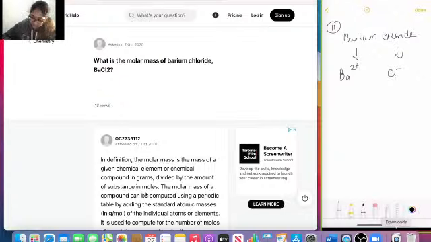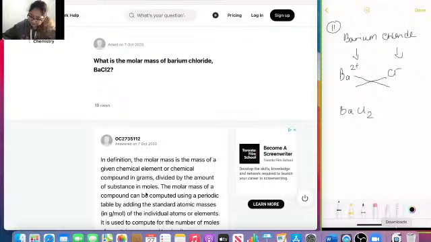And so when you're writing the chemical formula, the charges crisscross, and you have BaCl2. We don't really write any subscript with 1, so it's just BaCl2. We know that there's 1 atom of barium and 2 atoms of chlorine.